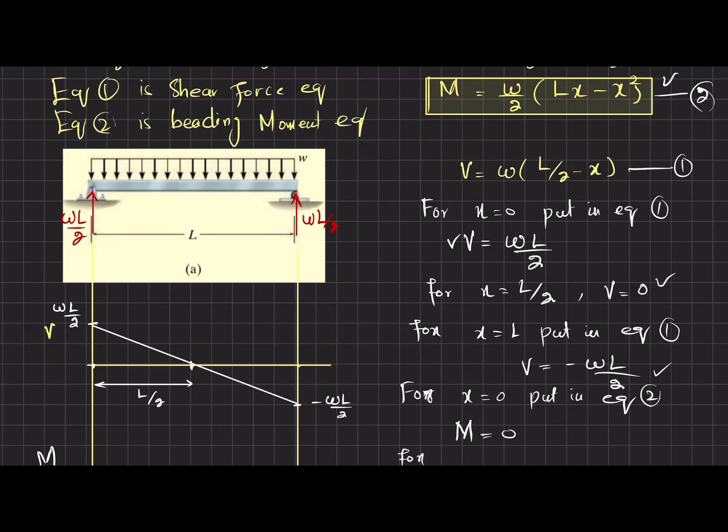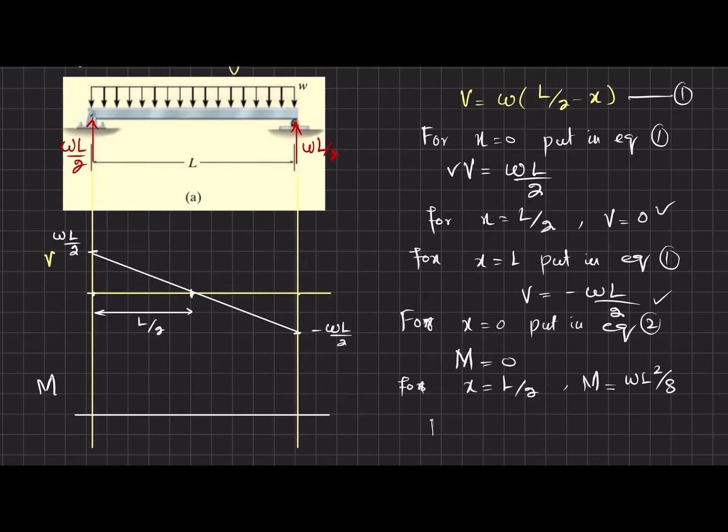For x is equal to L over 2, when you put it in equation number 2, you will get moment equal to WL square over 8. And for x is equal to L, when you put in equation 2, you will get moment equal to 0. So you can put and check.